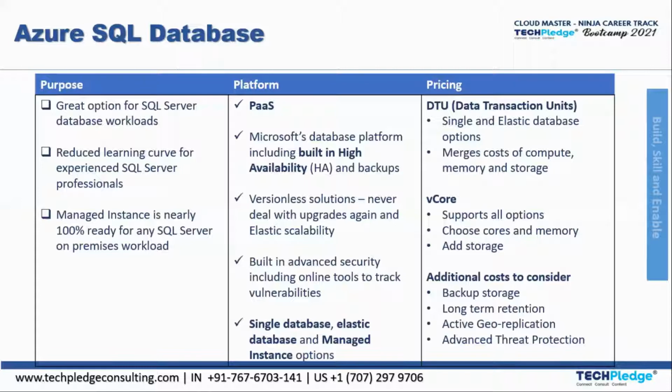And other than that, the SQL Database platform is so grateful that it offers certain features to us: backup storage, long-term retention, geo-replication. Just in case something happens to one of the data centers, what should I really do? I should be wondering, okay, now something happened to this data center, I might lose my data. But no, Azure has a solution to it.